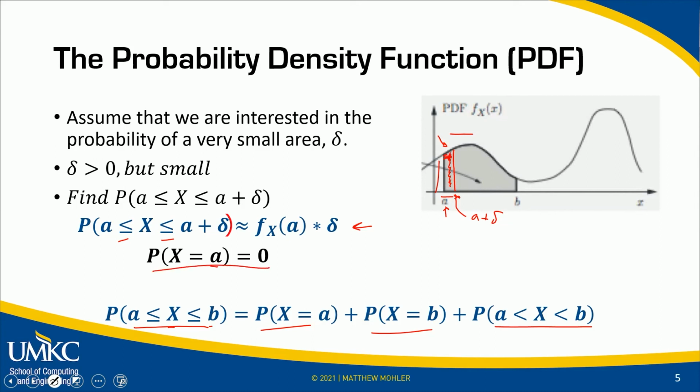Just running back to this right here, which means that this term goes away, as does this term, because those are both single valued probabilities. So from this, we can actually see that the probability that x is between or equal to A and B is actually equal to the probability that x is just between A and B.